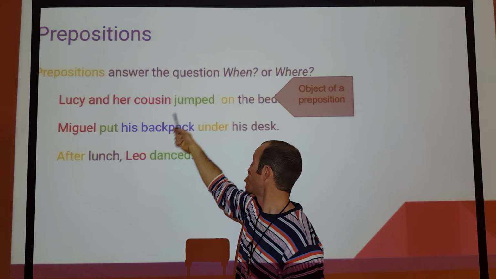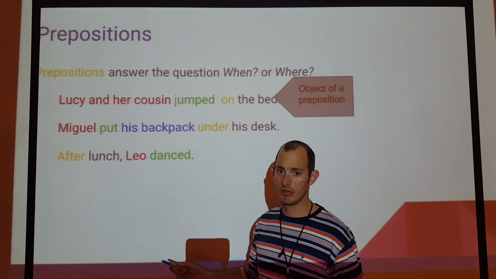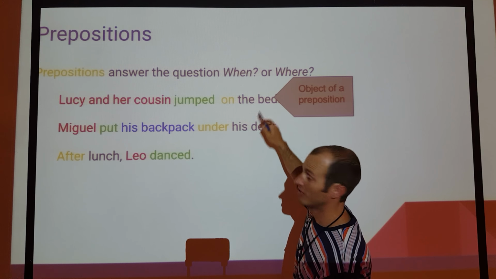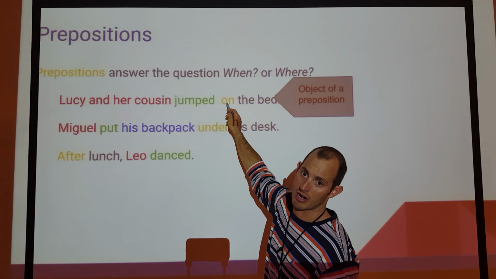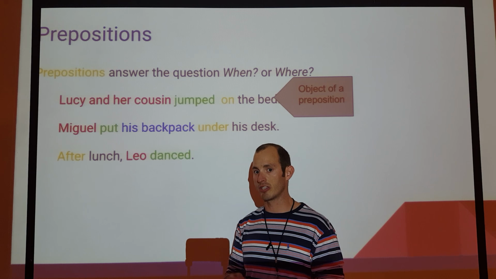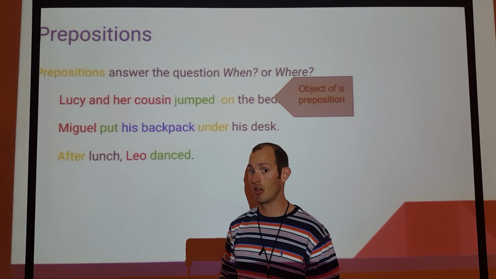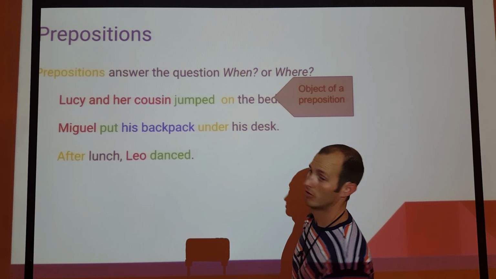What's our verb? Jumped. Where did they jump? They jumped onto the bed. The direction word right there is on. Direction words always are prepositions. They tell us where about the noun.